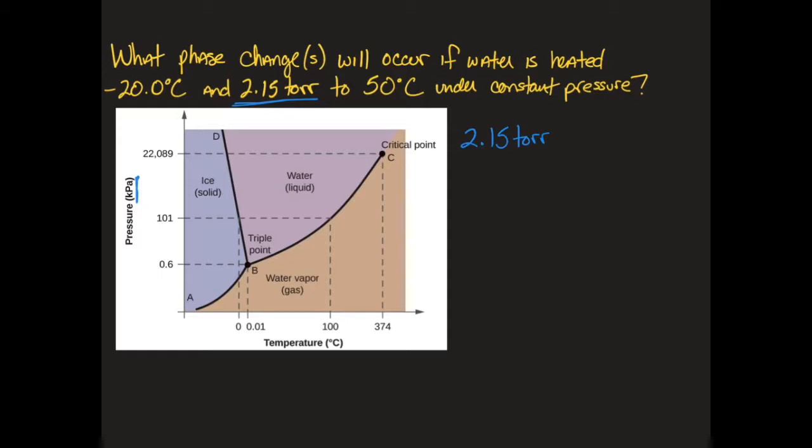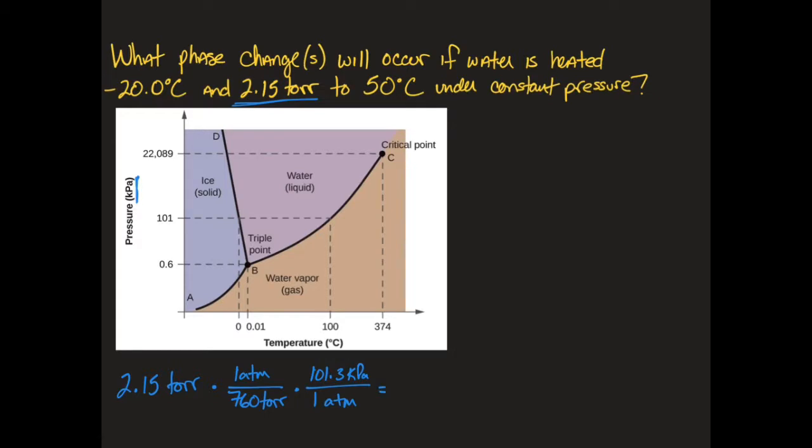Maybe that's not the best place to put that. Let's go down here. 2.15 torr times, we'll go to atm first. So 1 atm, 760 torr. And then we can go from atm to kilopascal pretty easily.